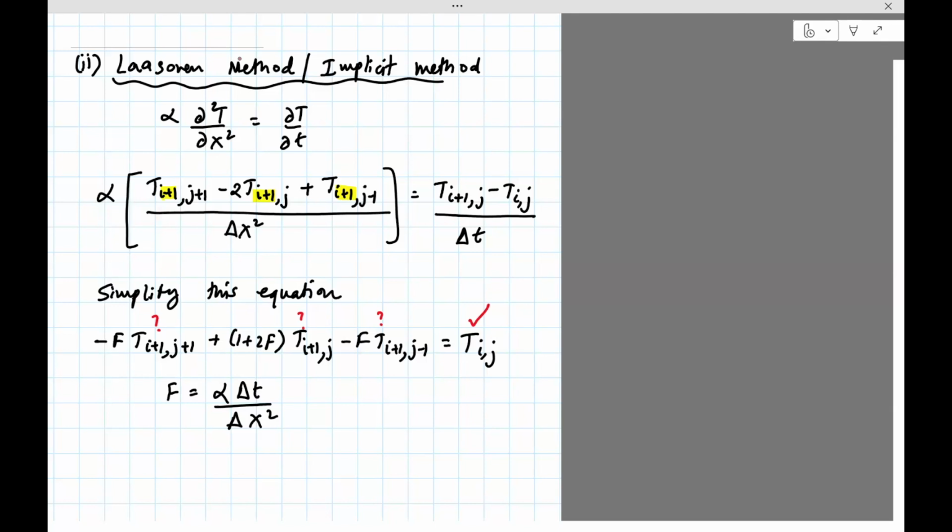So what needs to be done is that we need to write this equation for every single grid point and then collect all the unknowns together and then solve for the unknowns. In this case, because T is all linear, you'll end up with algebraic equations, something like Ax equals b, and then you'll have to solve for the unknown x. And we'll do that for a problem.